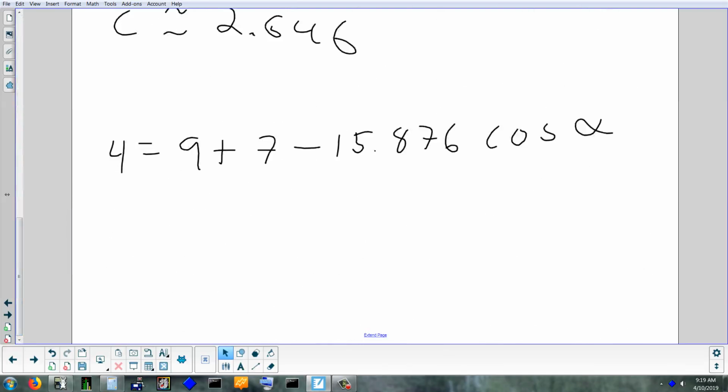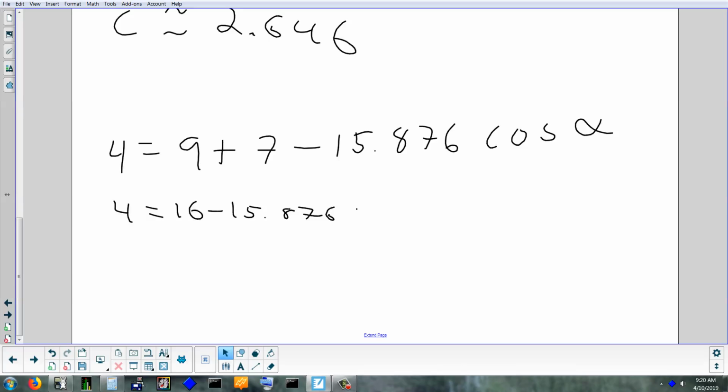The variable is mixed up with a bunch of stuff on the right. So we've got to work with the right-hand side a little bit. I've got some like terms. What could I combine? Just the 9 and the 7. Yep. And what do you get if you combine those? 16.